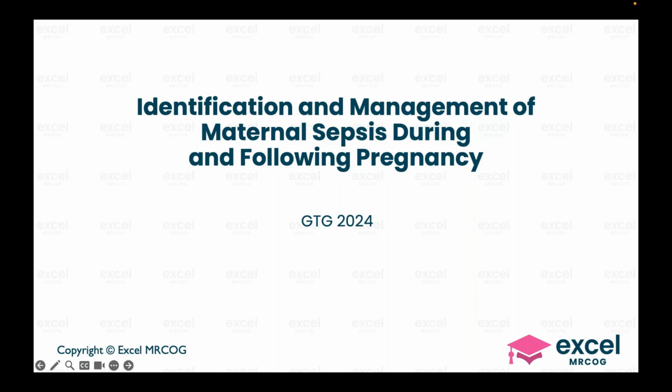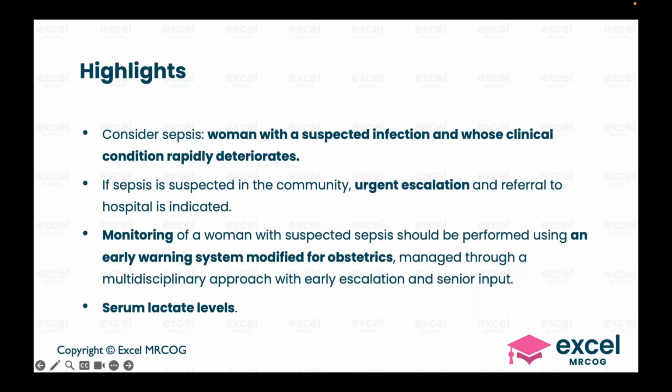So let's come to the highlights of the latest guideline. You need to consider a woman with a suspected infection whose clinical condition rapidly deteriorates as possibly a case of sepsis. A woman who has an infection and has tachycardia, hypotension, etc., is likely a case of sepsis.